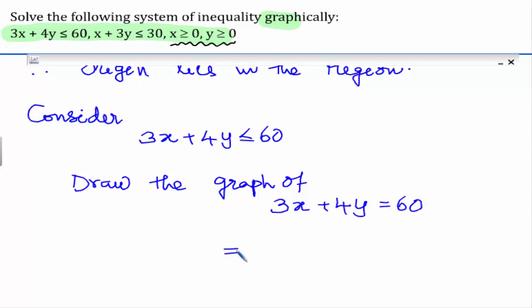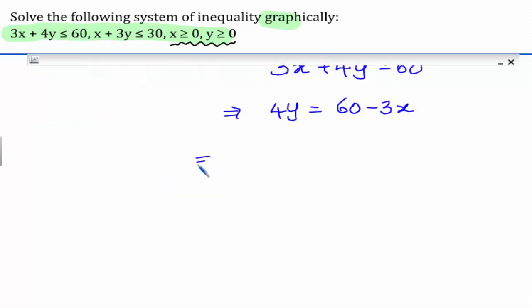So this will give us 4y is equal to 60 minus 3x. So if we simplify further, we get y is equal to (60 minus 3x) by 4. Now let us prepare the table for this.